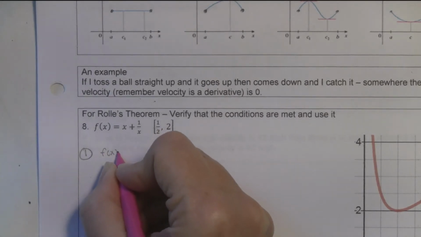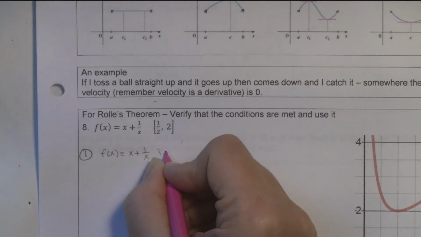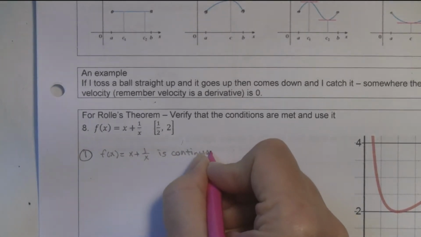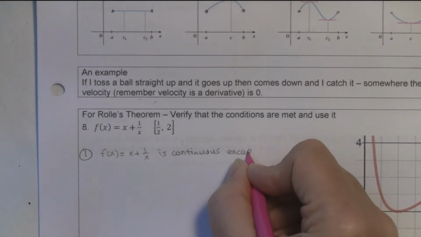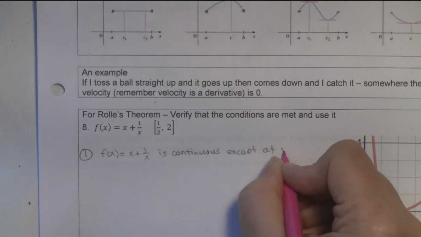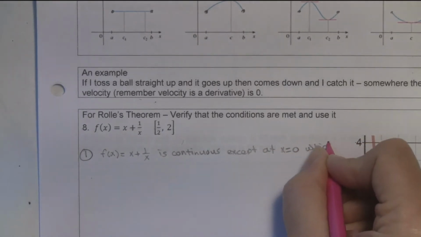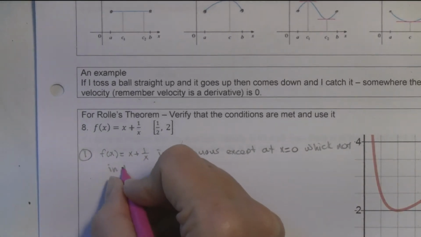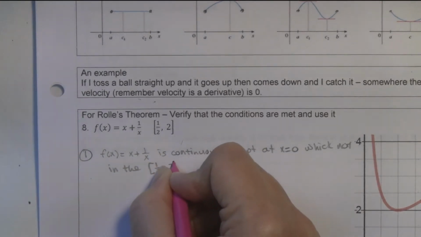F of x equals x plus 1 over x is continuous except at x equals 0, which is not in the closed interval half to 2.